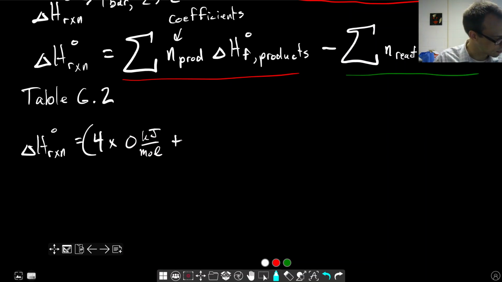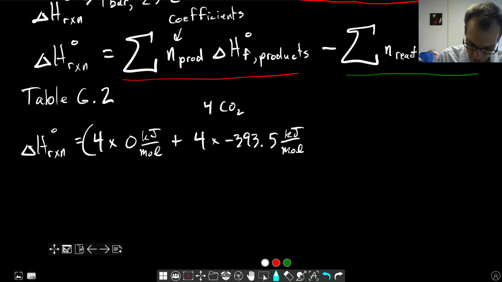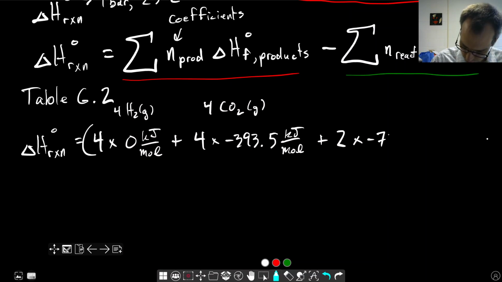We add that to our enthalpy of formation for CO2. So 4 times, if we look that up, it's negative 393.5 kilojoules per mole. For our purposes right now, I'm just going to keep track of these up here. So this is the 4 CO2, this is the 4 H2 gas, plus 2 times negative 74.8 kilojoules per mole, and this is our 2 methane.